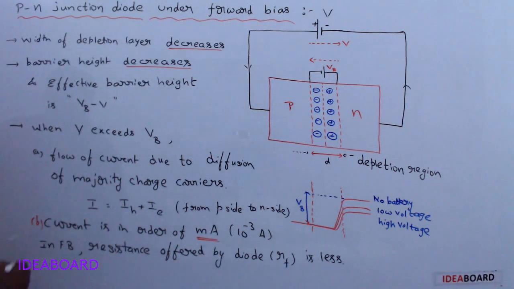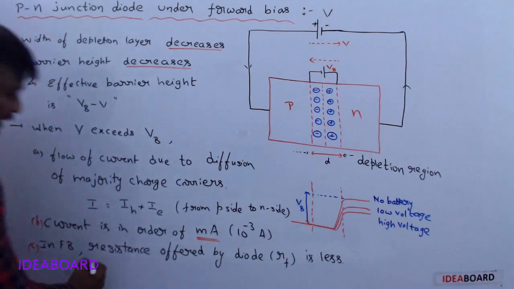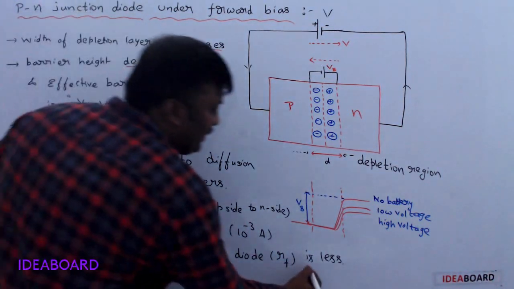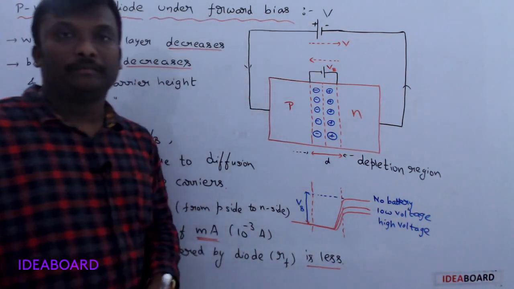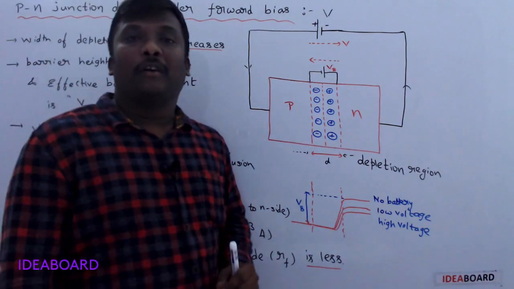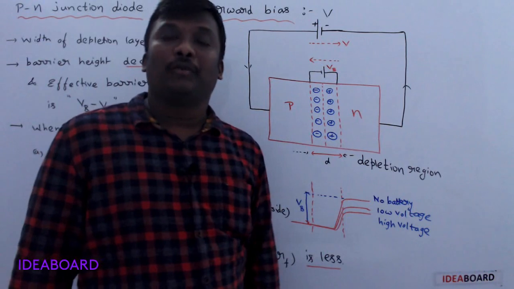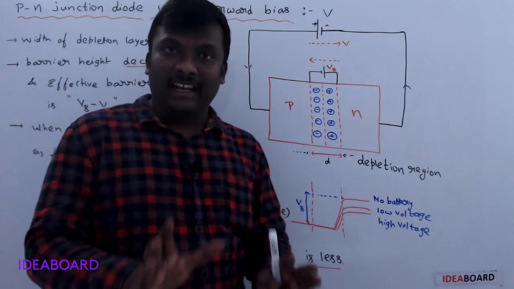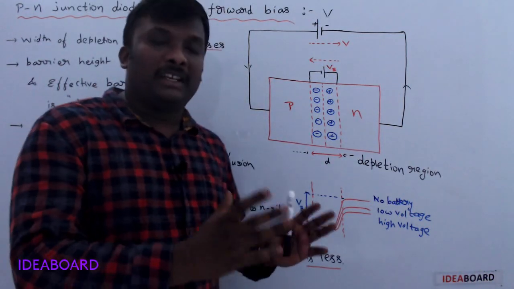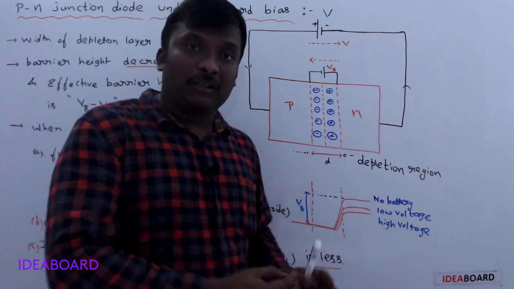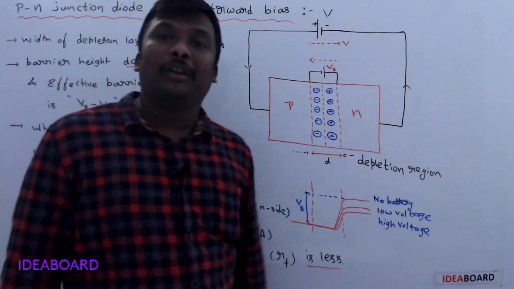In forward bias, the resistance is always low. In the case of an ideal diode, this RF value becomes equal to 0. An ideal diode is generally not possible, but if it is possible, then the RF value is 0.